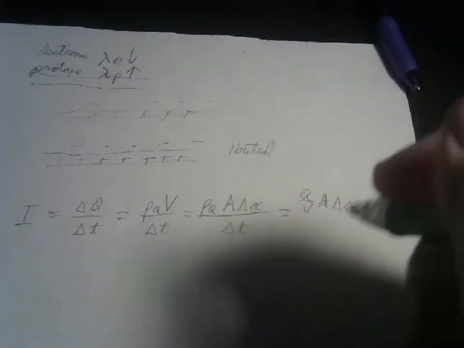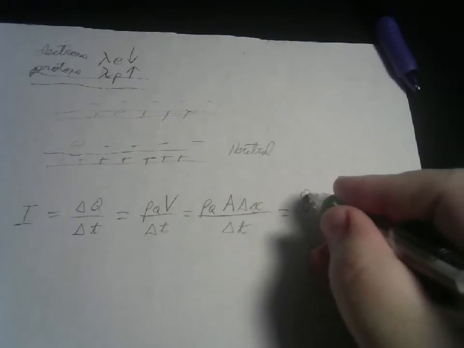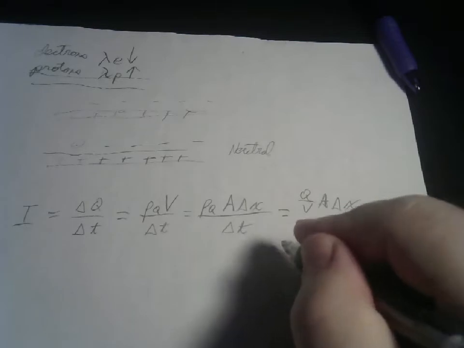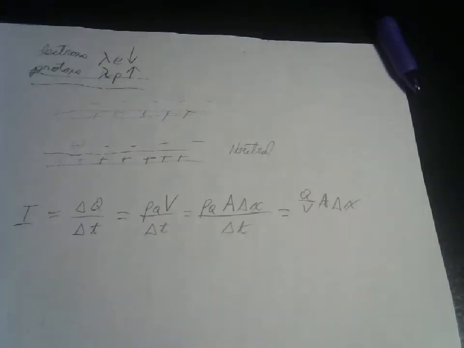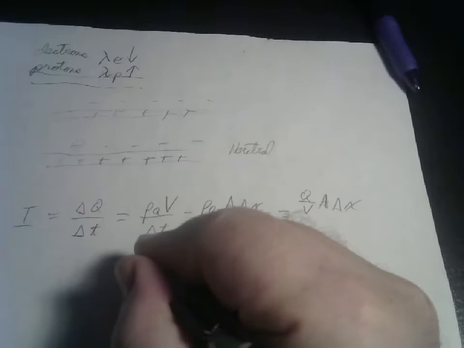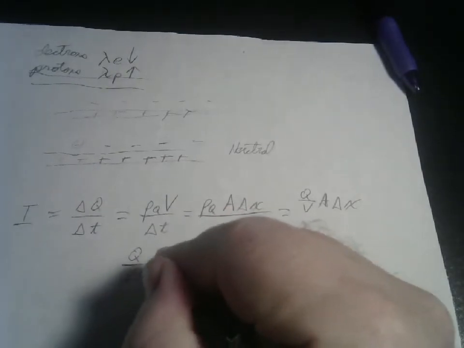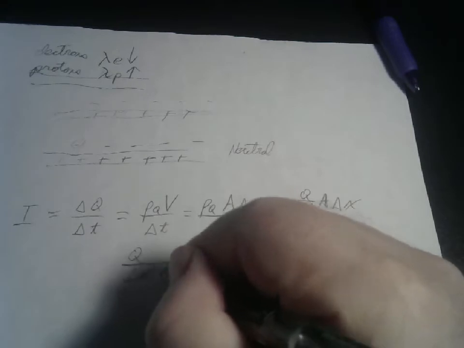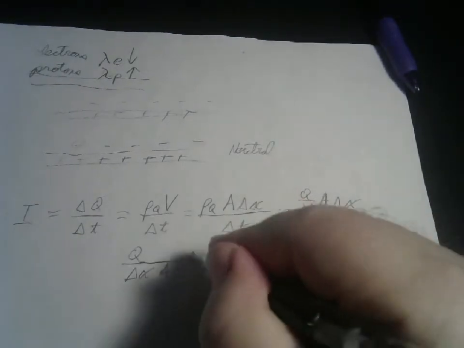Then that can be separated into Q over delta x times A delta x.